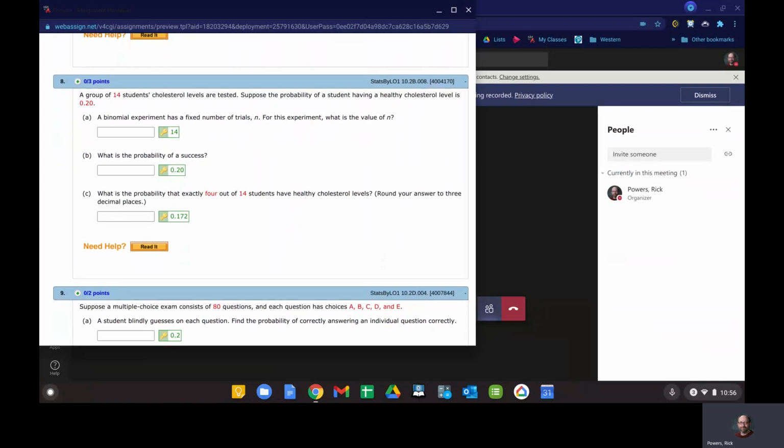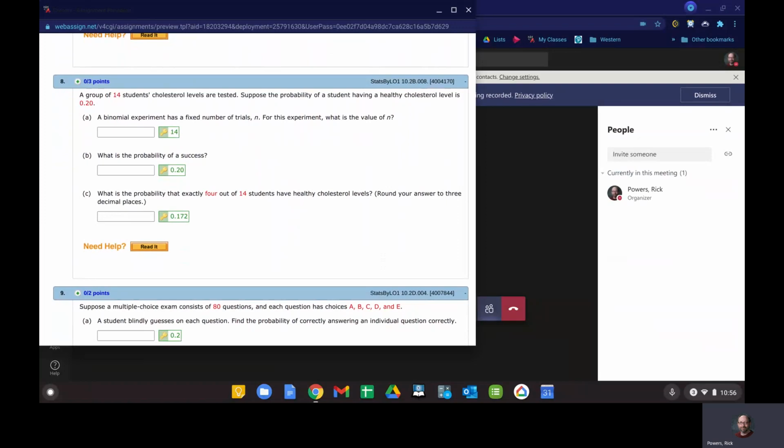Now, as you hopefully recall, what we're looking at here in the binomial distribution is that we have, first of all, a given general probability. In this case, it's the 0.20. So that number, 0.20, is P. That is the overall probability of a success.